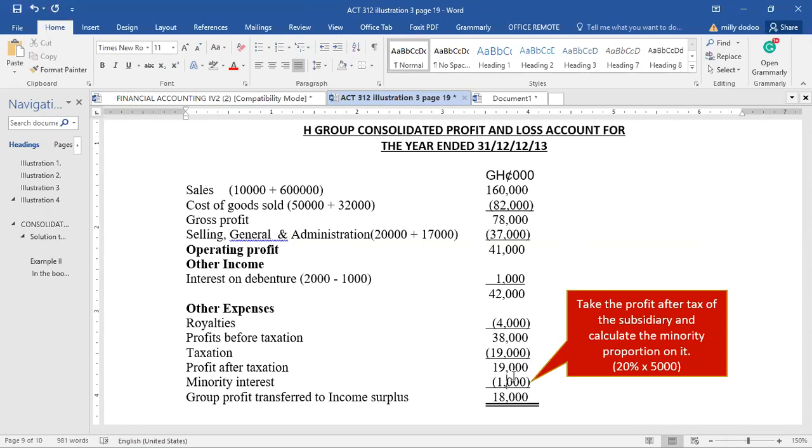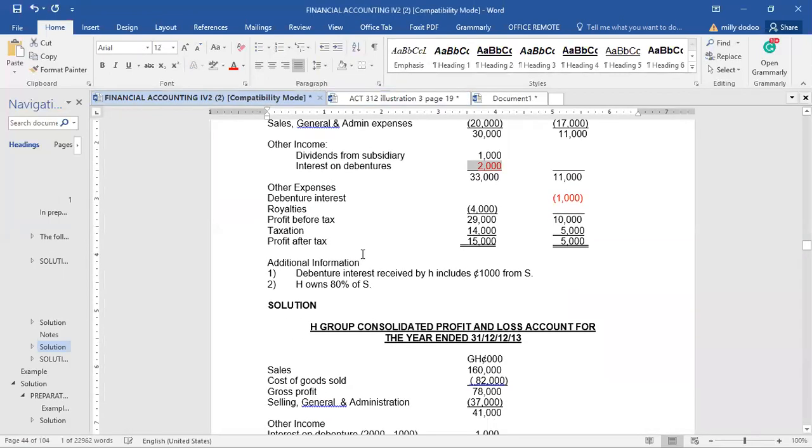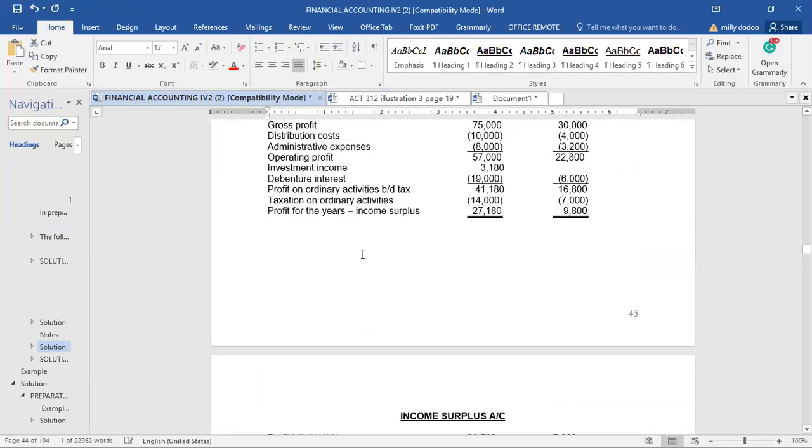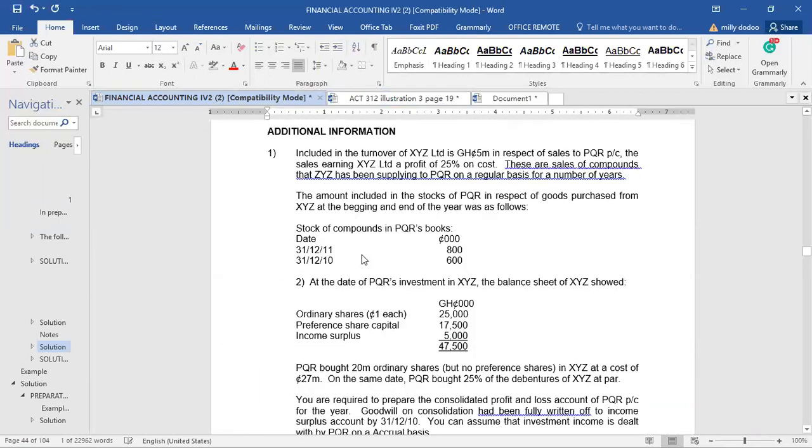Let's move on to the next illustration, which is illustration 2. And in illustration 2, there was something omitted in the question.